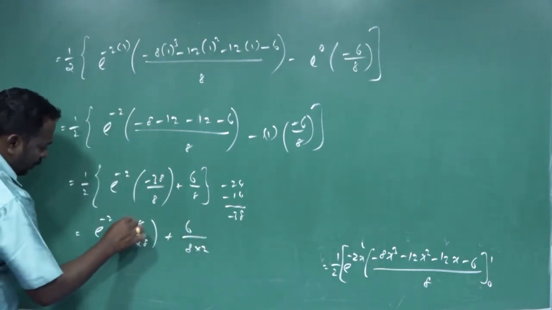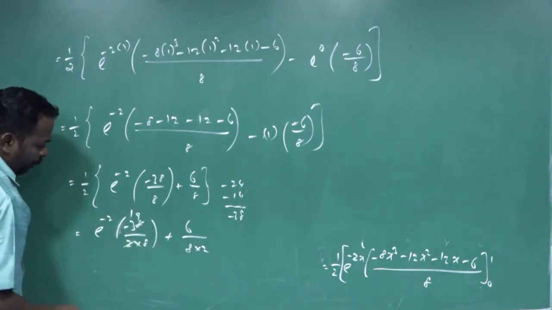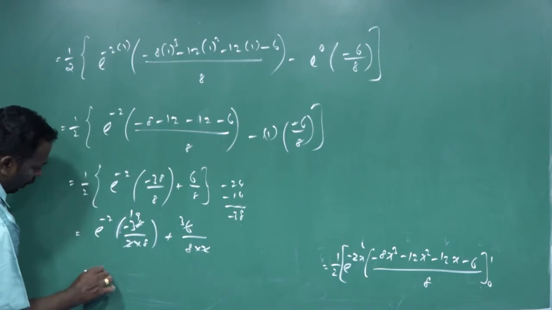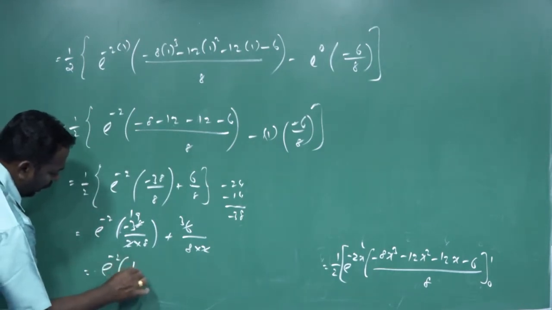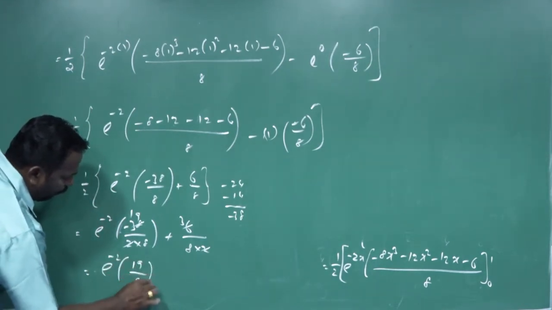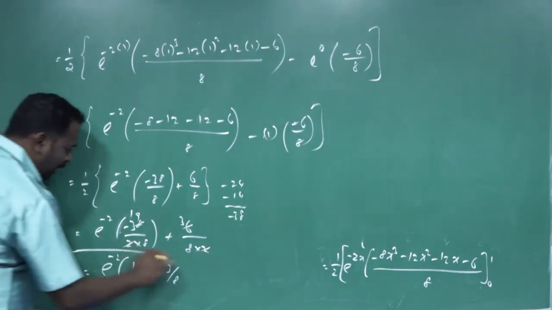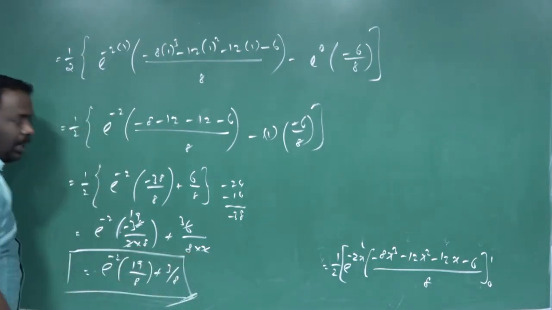Now cancel 1 time, remainder 19 time, and cancel 3, that is equal to e power minus 2 within the bracket 19 by 8 plus 3 by 8. And this is called the final simplification of the given integral.